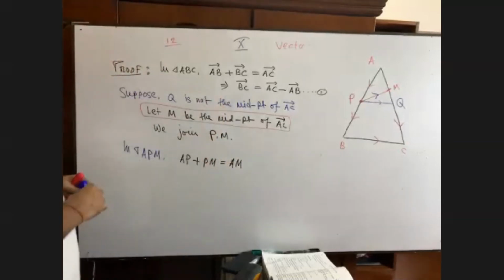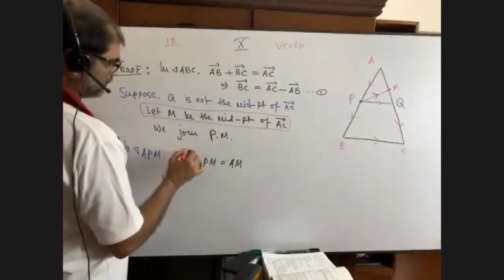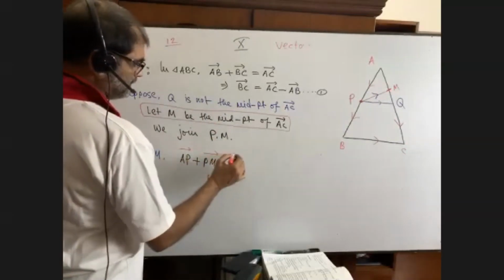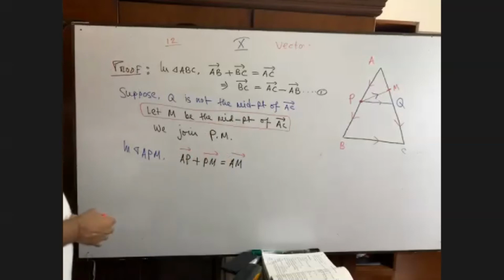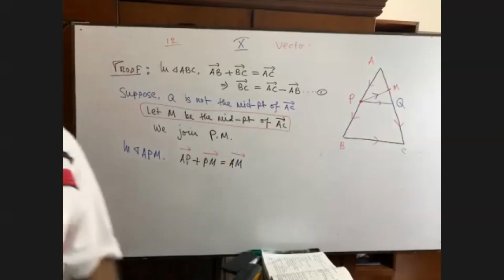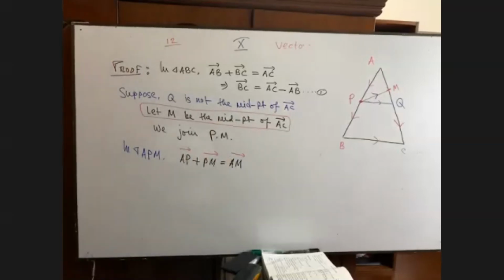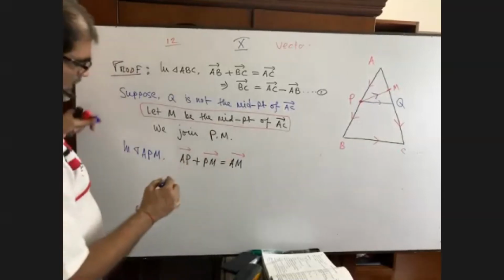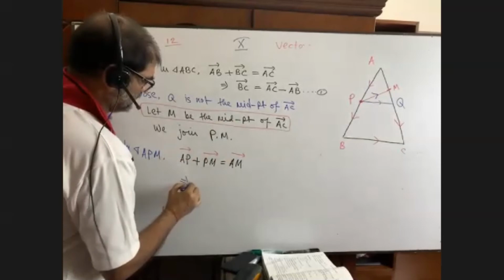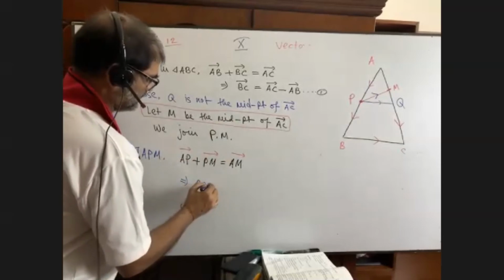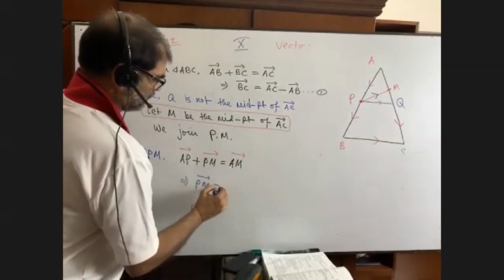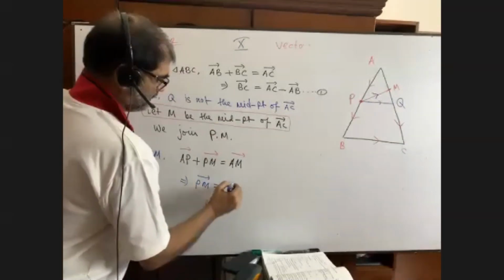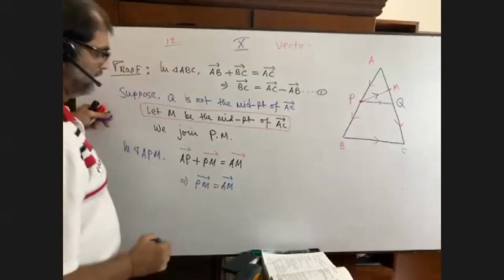AP plus PM equals to AM. Give vector sign. Like the previous math, we have to find PM here. So we can write, implies that, PM equals AM minus AP.